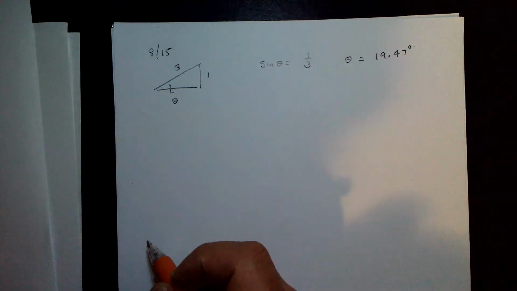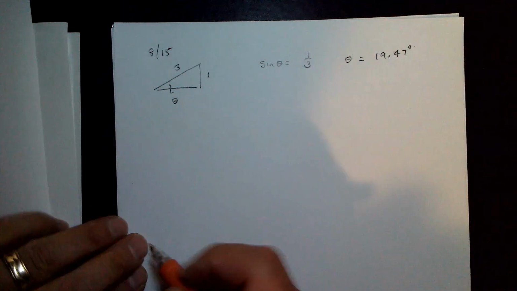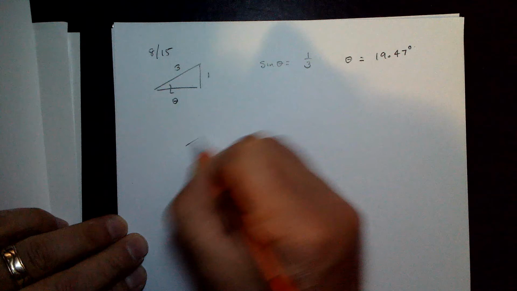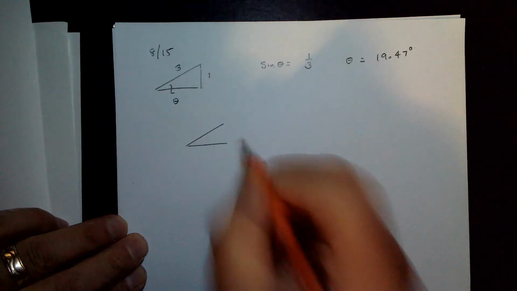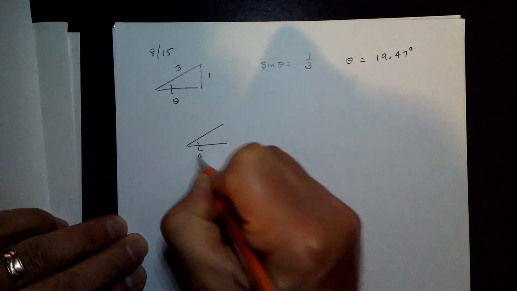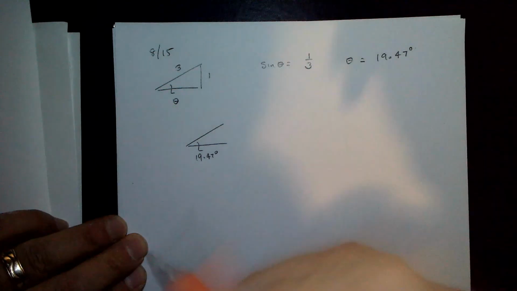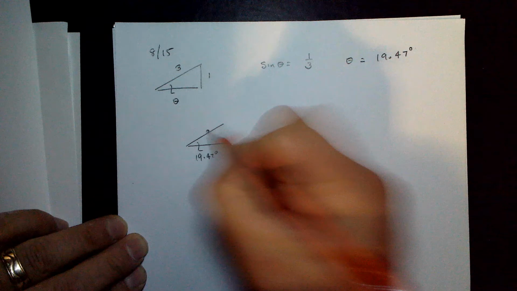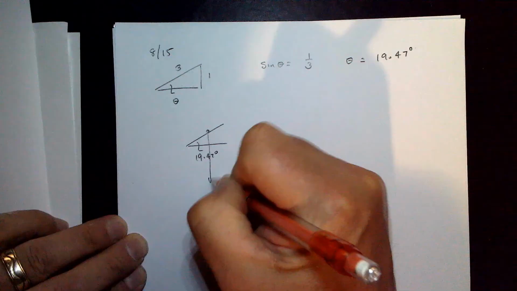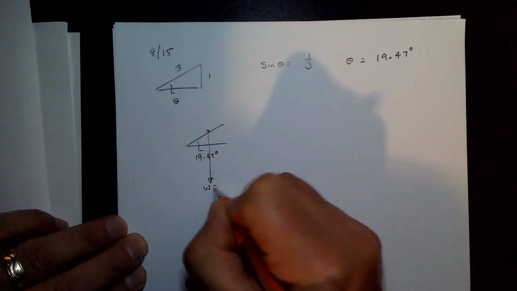If I draw myself a diagram, this is what we basically have. 19.47 degrees is the angle of the slope. We have a car sitting there, and we have a weight force, which is mg acting straight down.